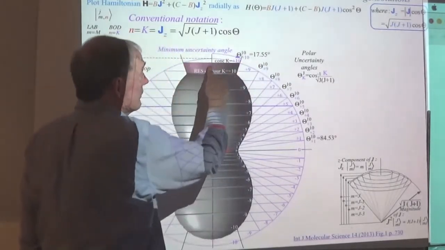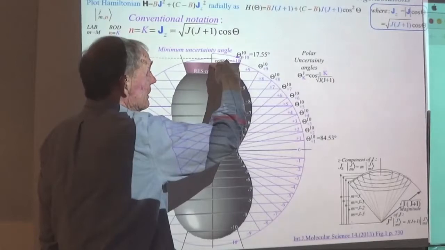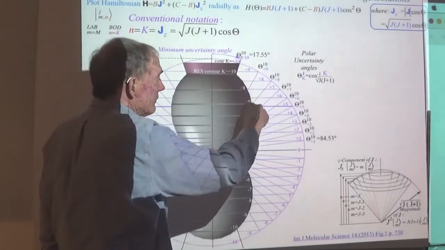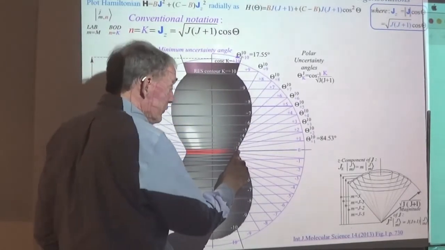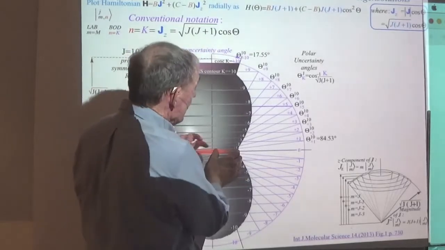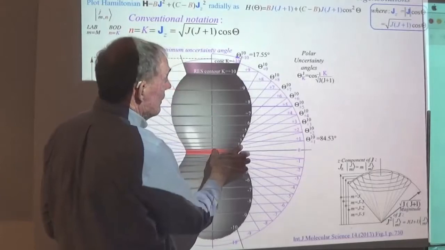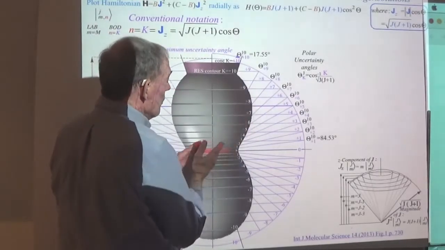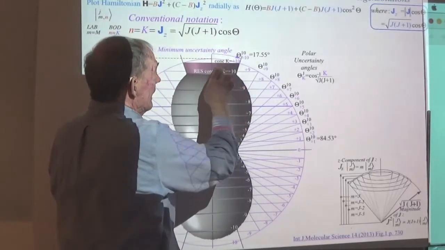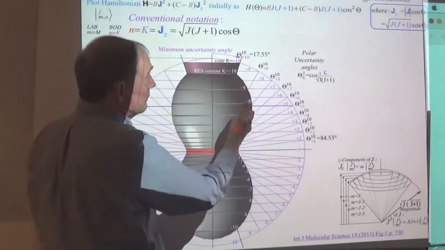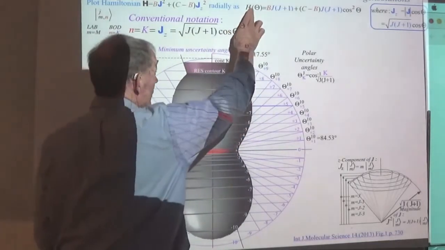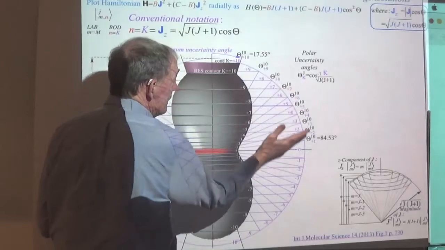So cosine starts out at 1, and then drops to 0. We're measuring radius here as the actual value of this Hamiltonian as a function of the angle theta.